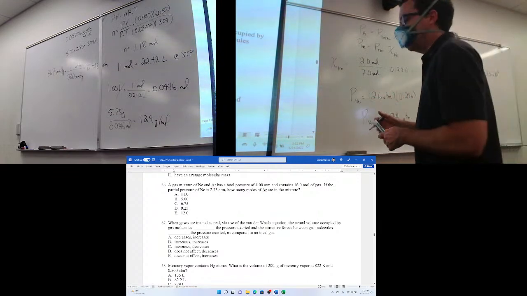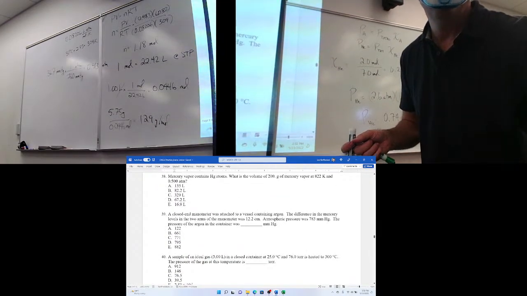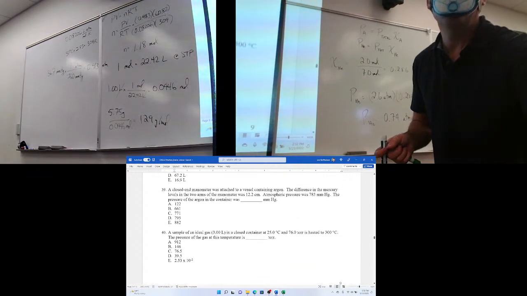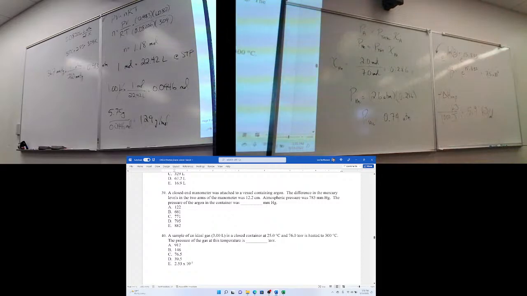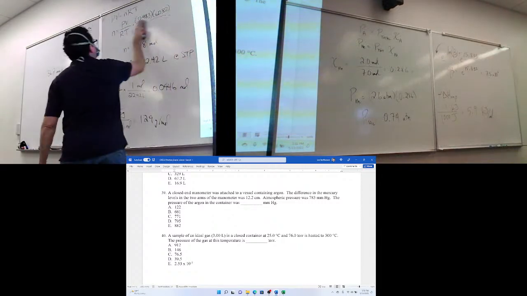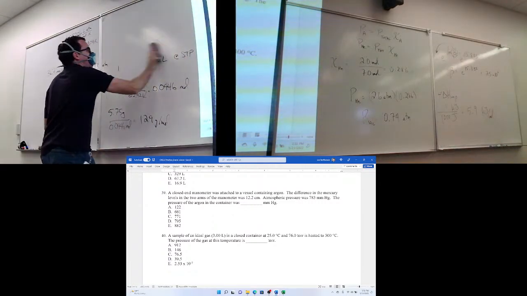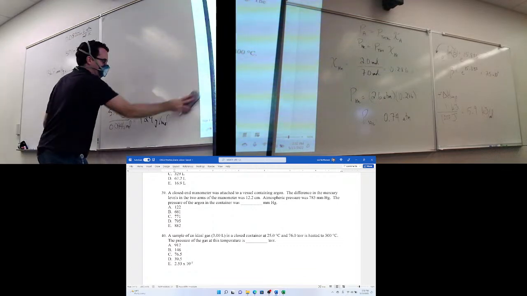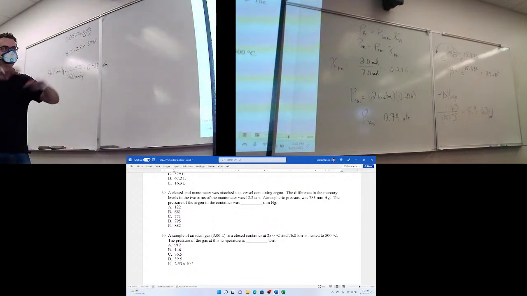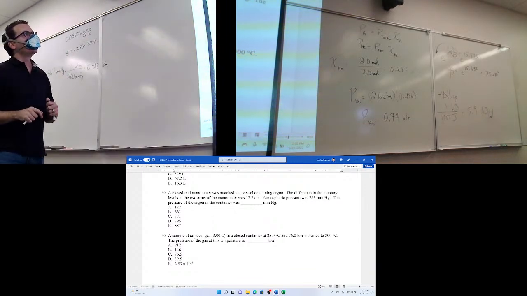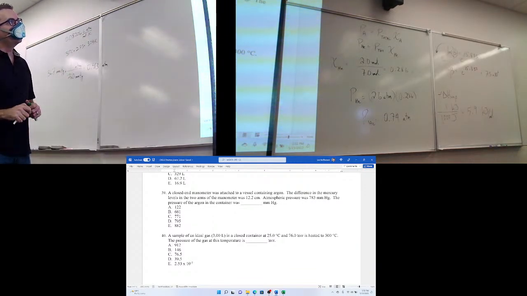39. All right, let's do 39. All right, a closed-end manometer. The fact that it's closed versus open makes a difference. So with closed-end manometers, you don't have to add to the atmospheric pressure or anything like that. The difference in the height of the mercury is literally the pressure. The difference in the mercury levels in the 2 arms was 12.2 centimeters.